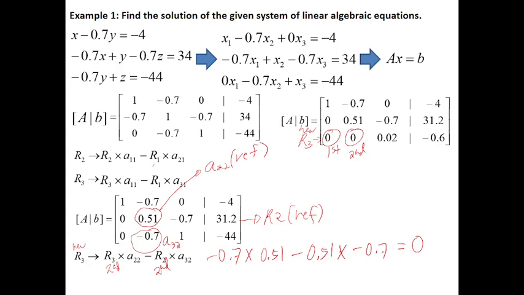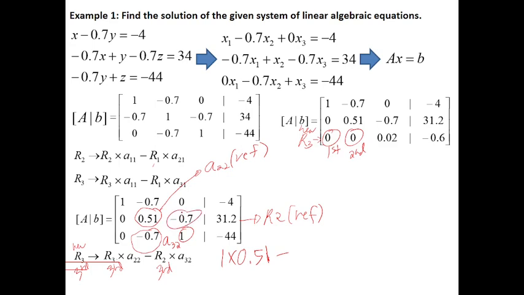Tignan natin yung third element. R3 third element, 1, times A22, 0.51, minus R2 third element, negative 0.7, times A32, negative 0.7.